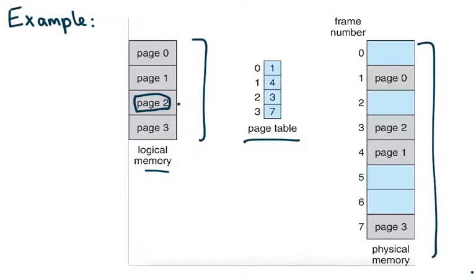So this is in the second page, so we would come here, and this would tell us that everything in page 2, all the addresses that belong here, are in frame 3 of the physical memory. So we would go here, and that is exactly where it is sitting.